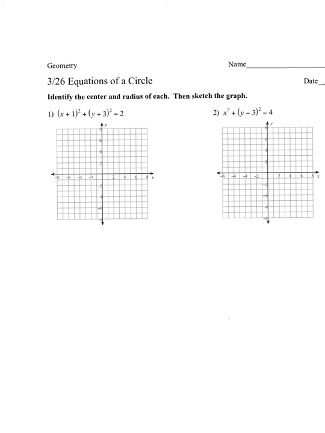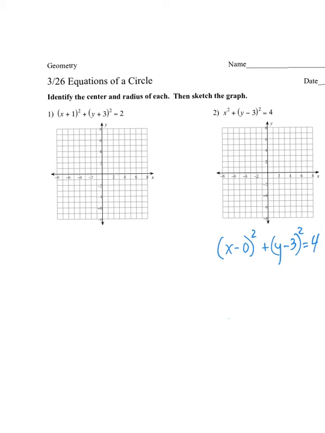Let's start on number 2. Number 2 is also kind of a trick question because there's nothing in the parentheses next to the x before it got squared. So if you look at that, you could also write that as x minus 0 squared plus y minus 3 squared equals 4. So whenever you see a plain x squared or y squared, that means the number inside the parentheses is a 0.